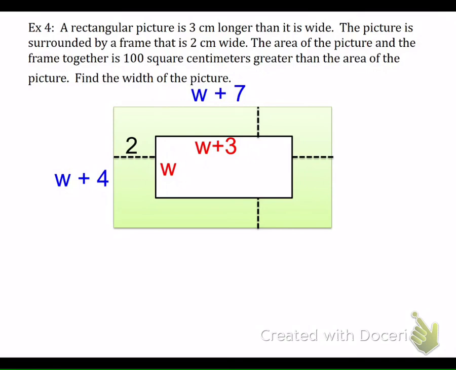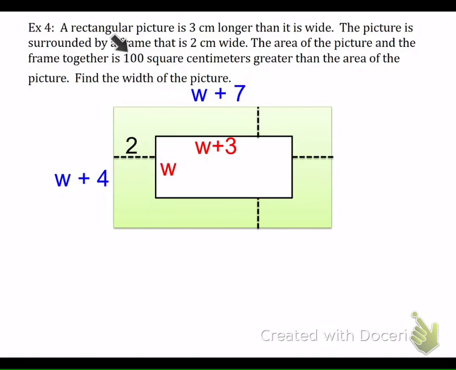Now, this is the tricky part. The picture is surrounded by a frame. The area of the picture and the frame together is 100 square centimeters greater than the area of the picture. So any ideas what I'm going to start with? Let's say I start with the area of the picture. How would I write the area of the picture? W times W plus 3, right? What would I do with that area to make the whole area?